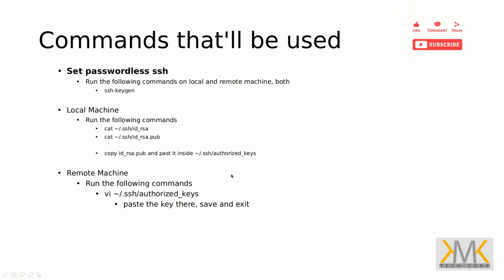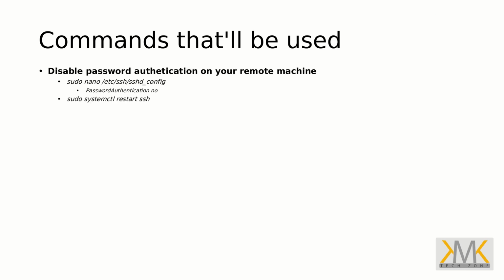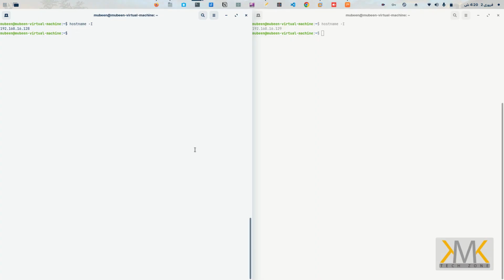I'll explain them later in the video when we will be performing the installation, and at the end we will disable password authentication on the remote machine, so only the people who have passwordless SSH configured will be able to access it.